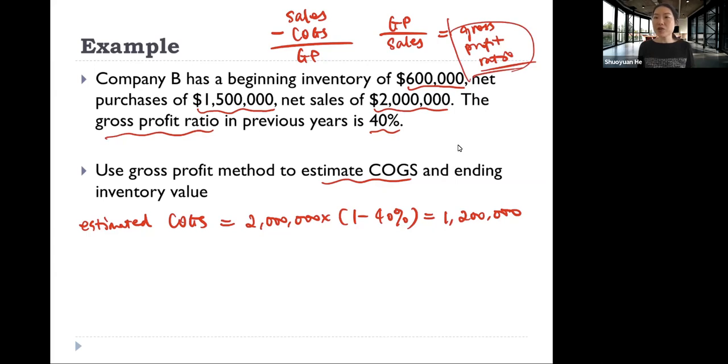So the assumption we're making here is that the current year's gross profit ratio is the same as the previous years'.